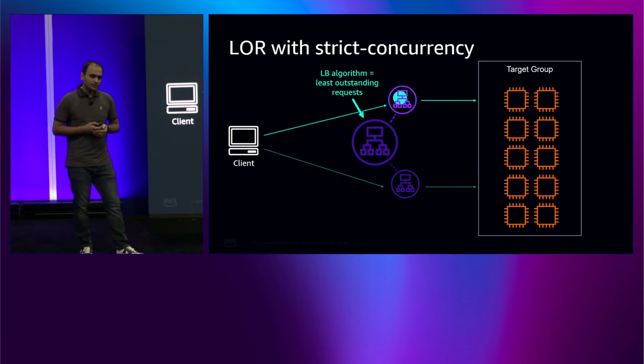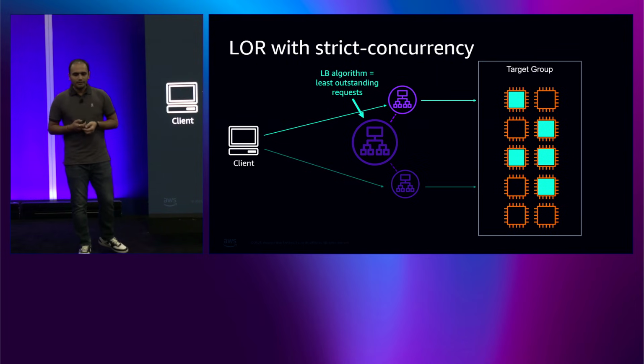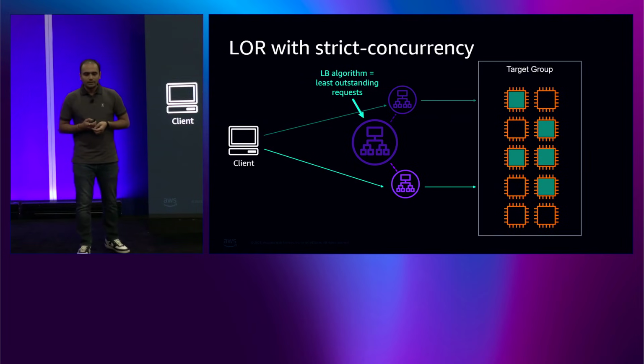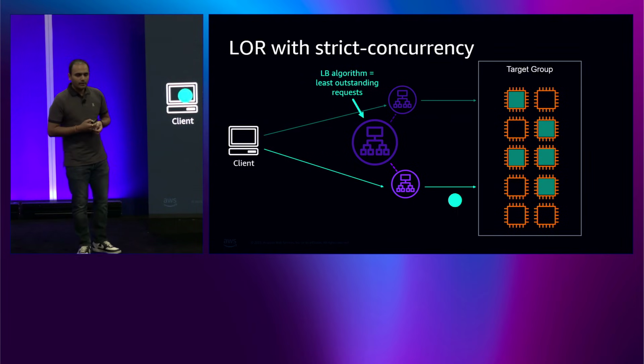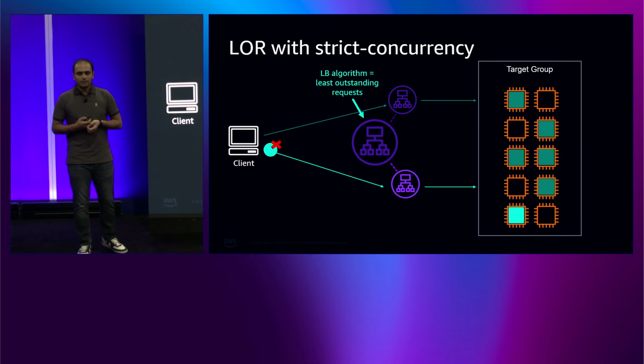If requests on the first node get routed by LOR, or least outstanding requests, and we have, let's say, 5 targets processing requests, this will not be the view that the second node sees. And when requests arrive on it, it will route them independently, and these requests might land on the same targets that already had requests from the first node.